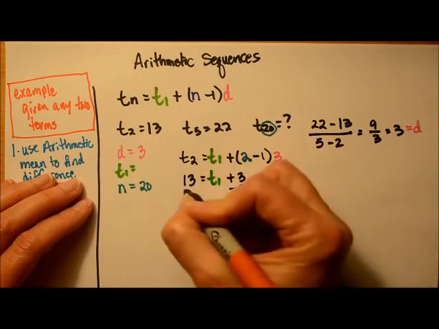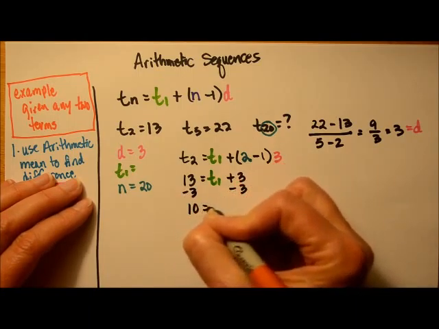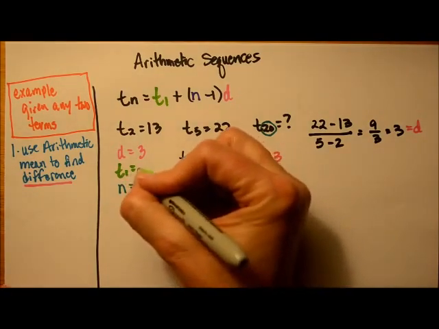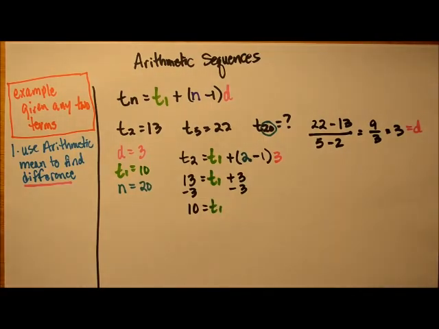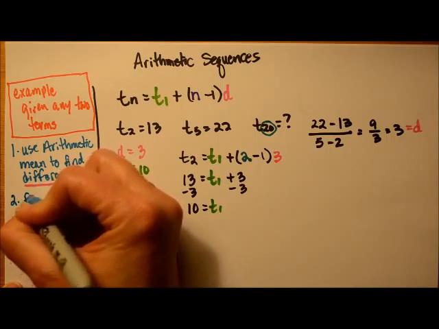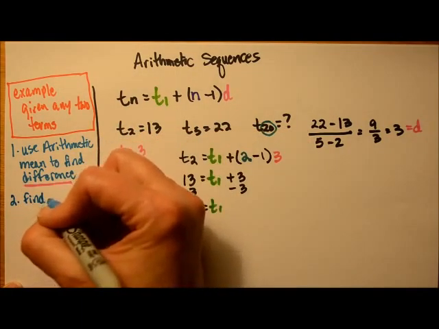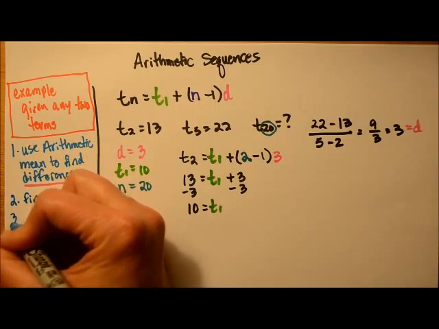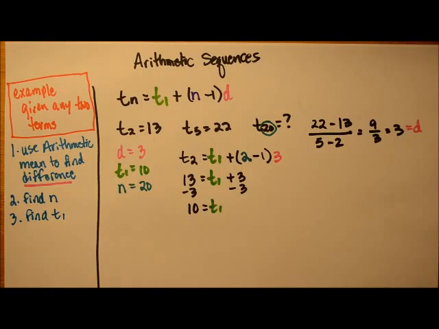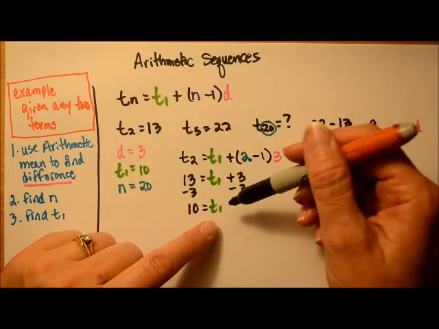So I'm going to subtract 3 from both sides, and 10 equals T1. So that's how I found T1. So step number 2 is find N. That's pretty simple. Number 3, find T1.